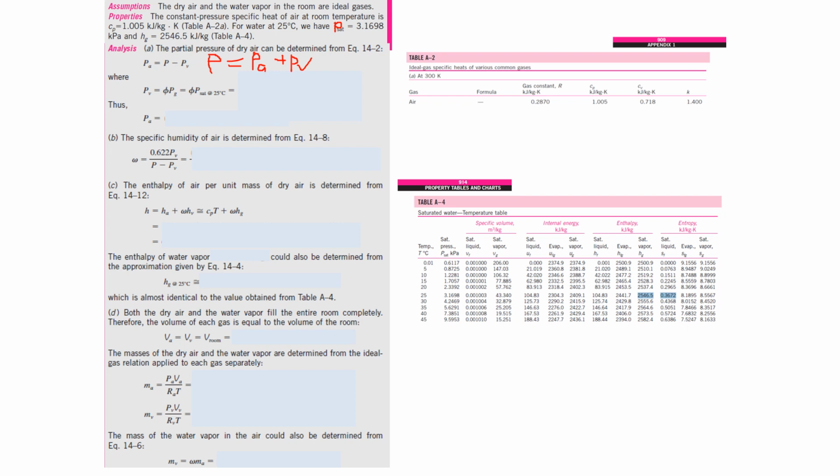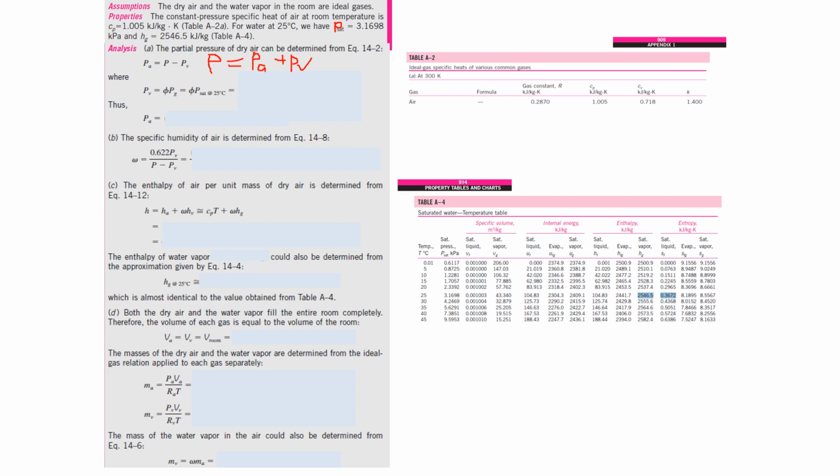We know our PG is the P saturation at 25 degrees C. So this value is given to you. Multiply with that, and that will give you the partial pressure of water vapor here. We know the total pressure. You minus these two, and that will give you the partial pressure of your dry air. So please do this. The skeleton is there. You should be able to obtain the values.